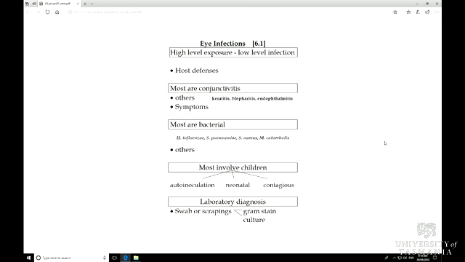The most common infectious cause might be chlamydia, given that that's the most common STI in women of childbearing age, but the most common cause in general is a blocked tear duct. One of the ways to treat kids who've got eye infections is to squirt breast milk into their eyes because it clears their tear ducts.